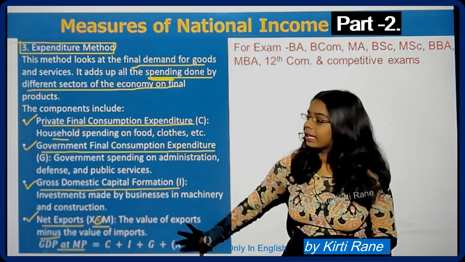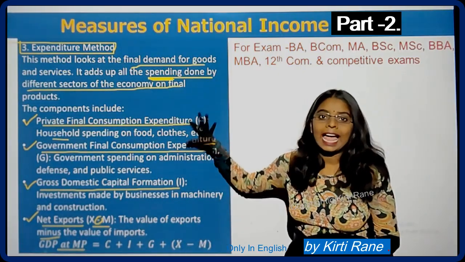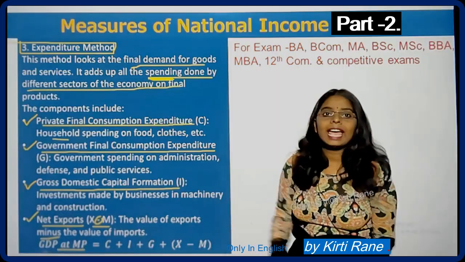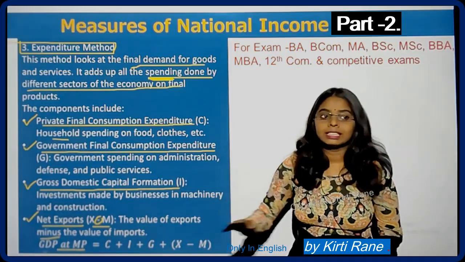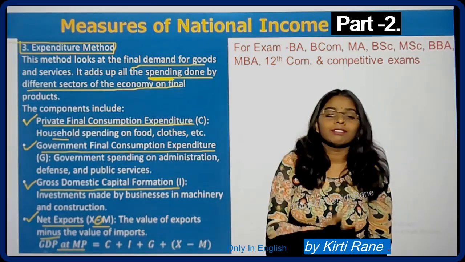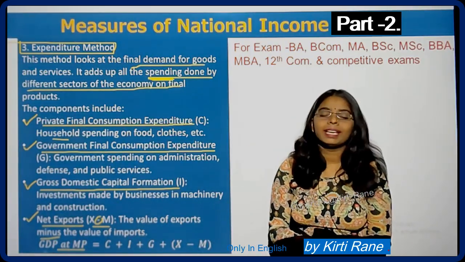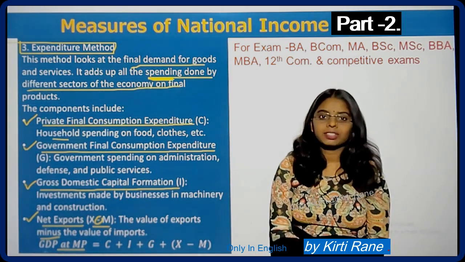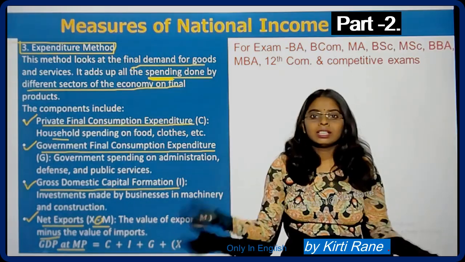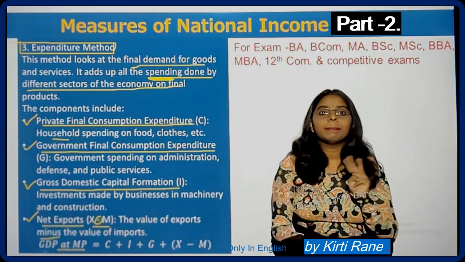It has been divided into these four categories. We add all four, arrive at the GDP at MP, and from there go to NNP at FC, the national income of an economy. This is how all three methods work: the production, income, and expenditure methods.